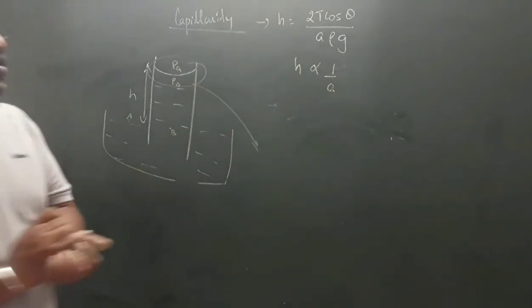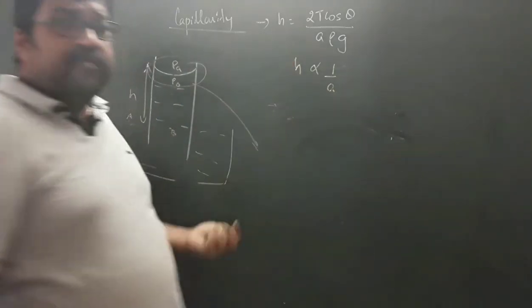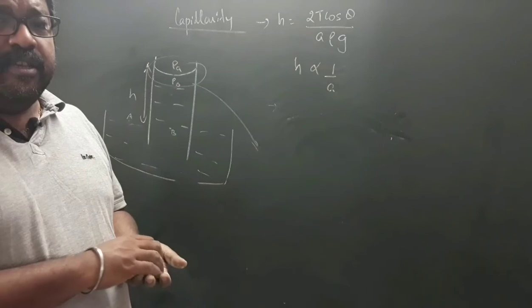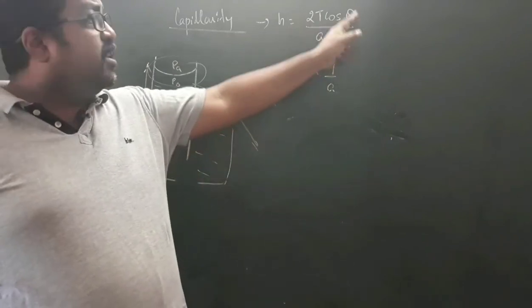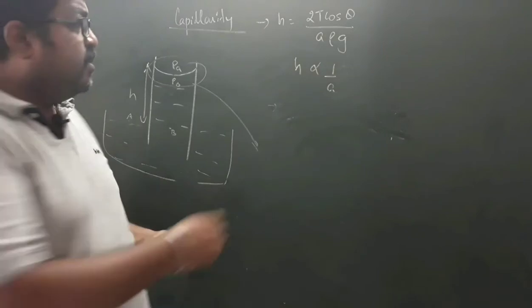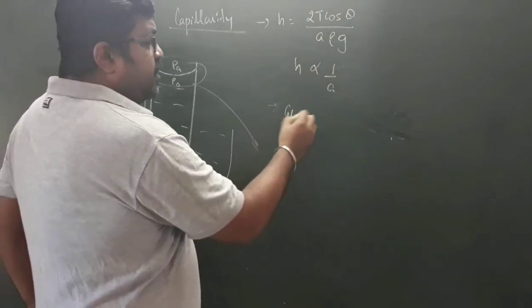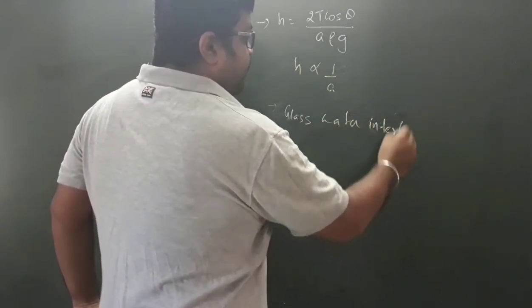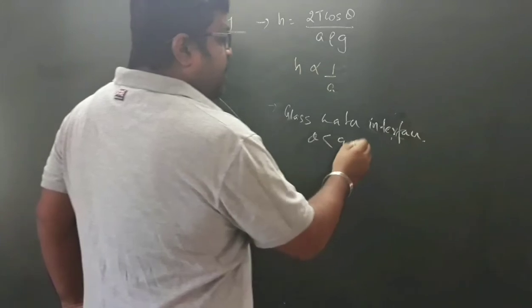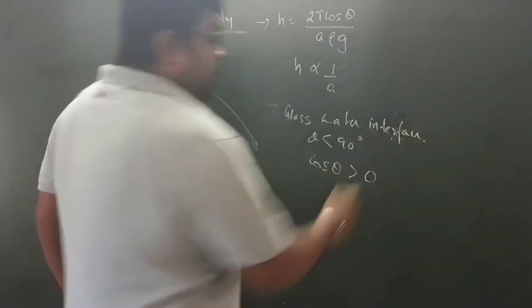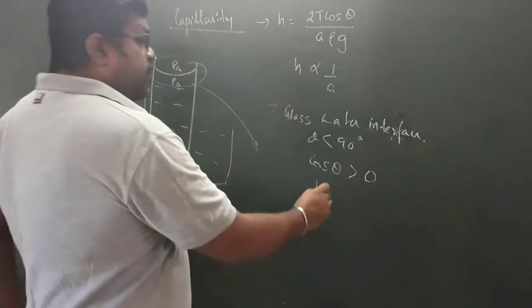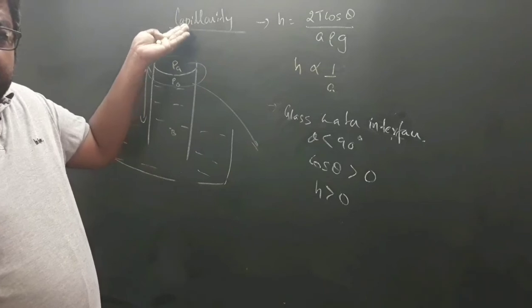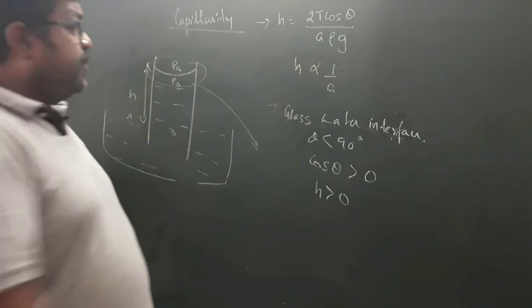Another implication of this expression is for the glass-water interface, this angle of contact theta is less than 90 degrees, so cos theta is positive, so height is positive. Height positive means the level of liquid inside the capillary tube will rise up.